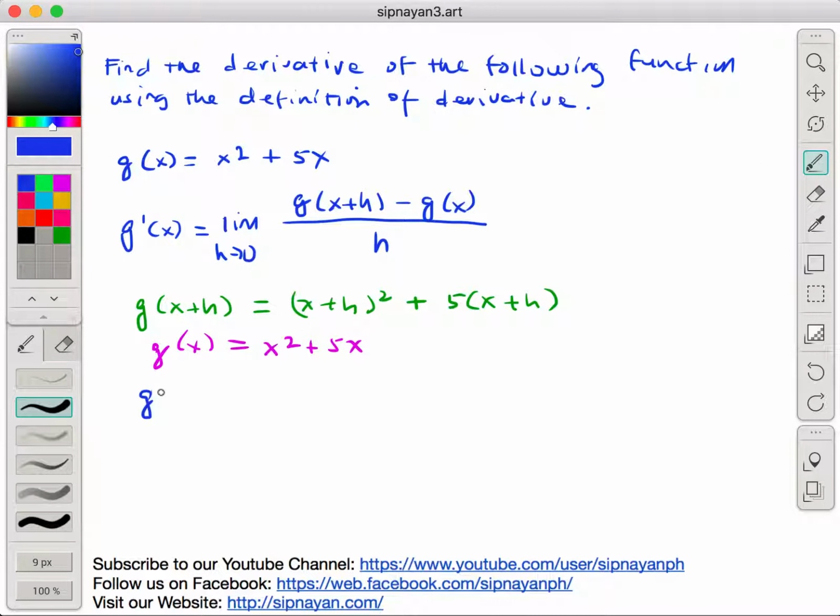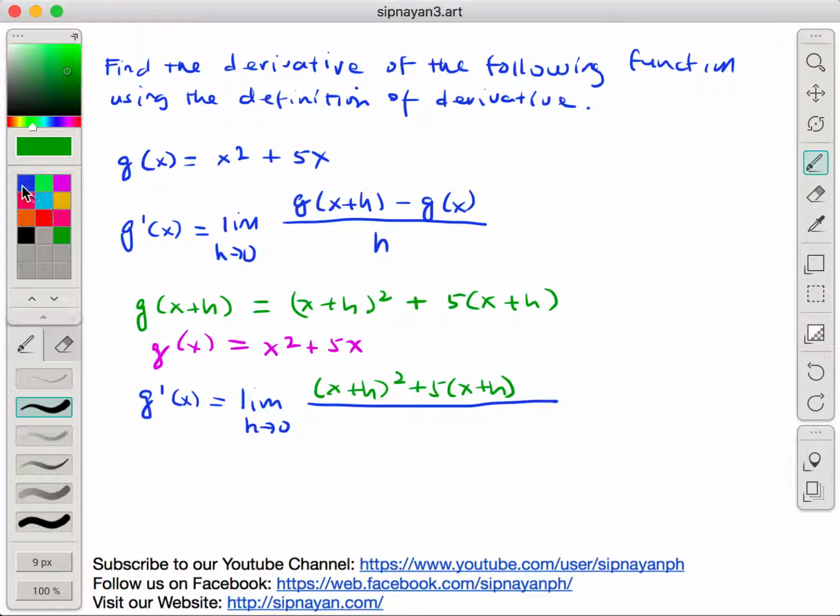And g prime of x is equal to the limit as h approaches 0 of g of x plus h, which is this expression. So we just copy that: x plus h quantity squared plus 5 times x plus h.